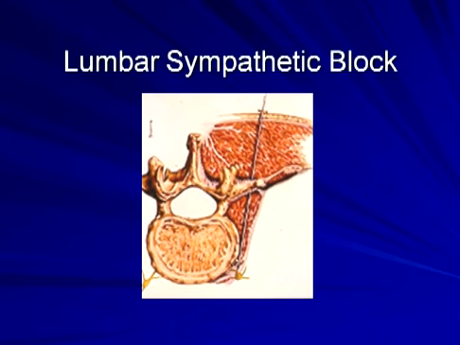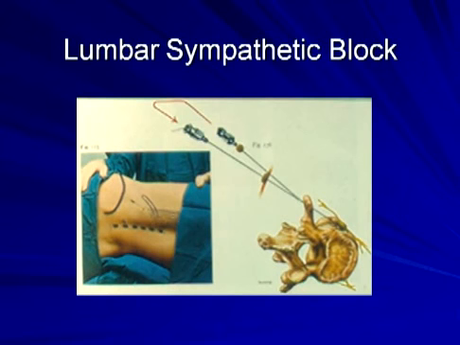So this is a patient in the lateral position, needle going in, and the needle being placed in the anterolateral aspect of the vertebral body near the sympathetic chain. Here's one here, here's one here. And so your needle goes right here.